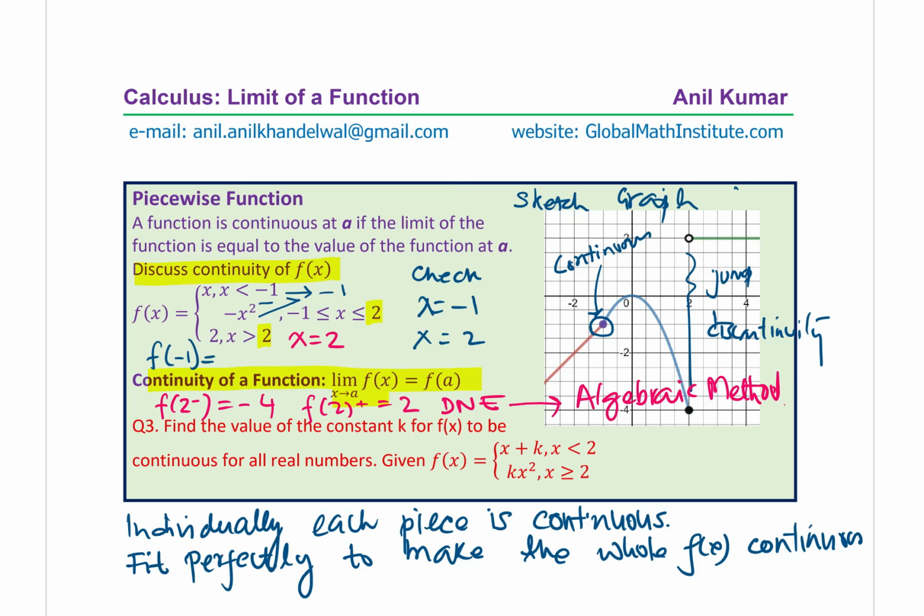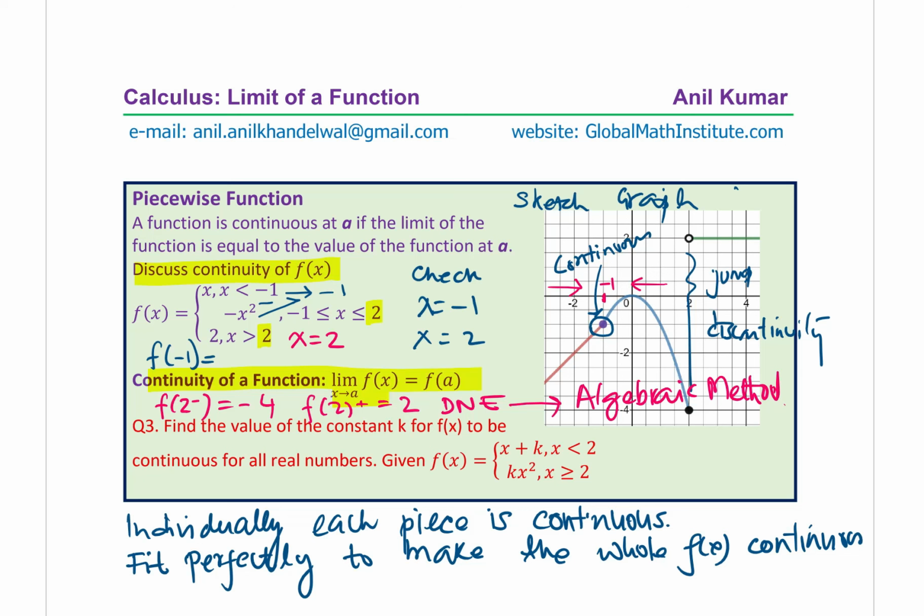That makes sense, right? So when we are saying x is less than minus 1, minus 1 is a critical point to check for both the functions from left and right. So from the left side and from the right side, does the limit exist? And if it exists, is it equal to the value of the function, right, from one side? So then you could conclude something.